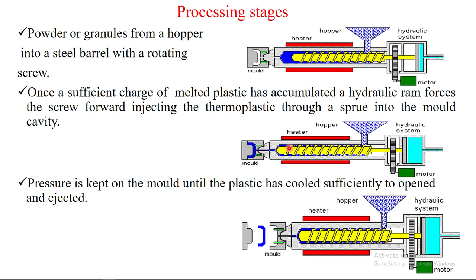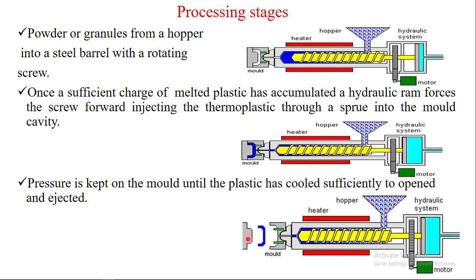This is the plastic material after heating, converted into liquid. Then it goes to the mold. The shape of the mold looks like this. After that, pressure is kept on the mold until the plastic is cold enough to open and eject.